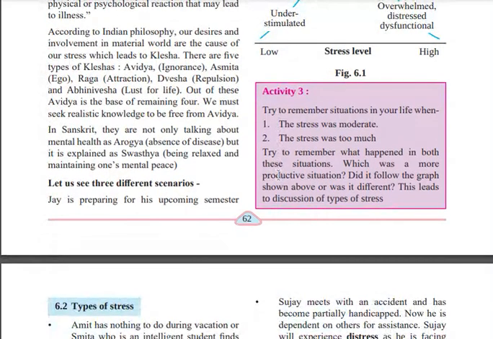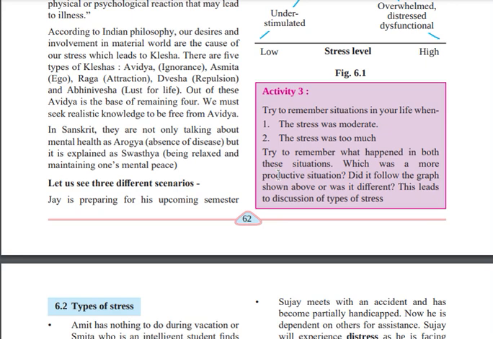According to Indian philosophy, our desire and involvement in the material world are the main cause of our stress, which leads to clash.